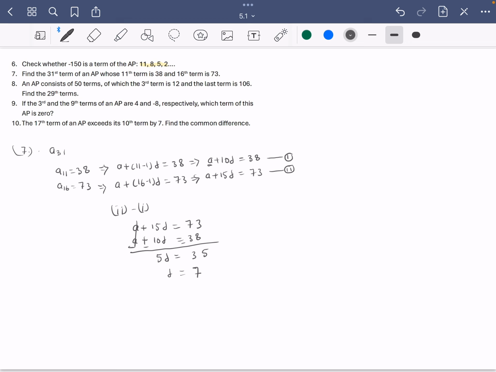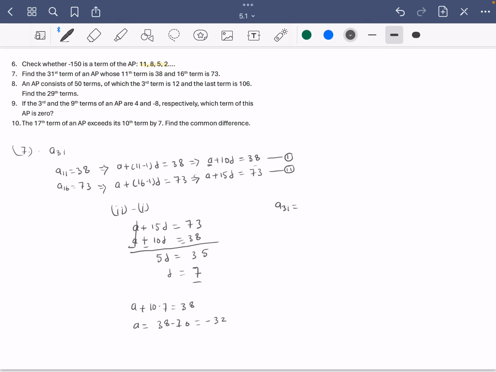So find the 31st term. I'll put this value in one of the equations, let's say in the first one. So a plus 10 times 7 is going to be 38. So a is going to be 38 minus 70, which is going to be negative 32. So now I can find out A31, the 31st term.